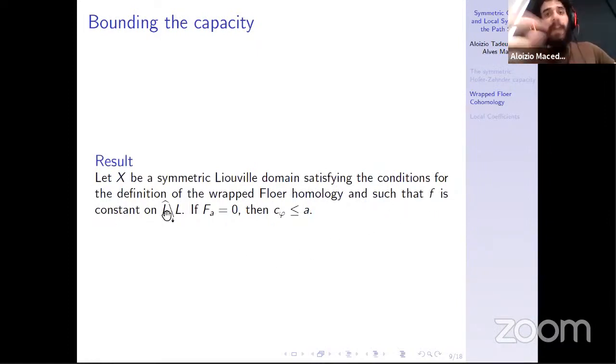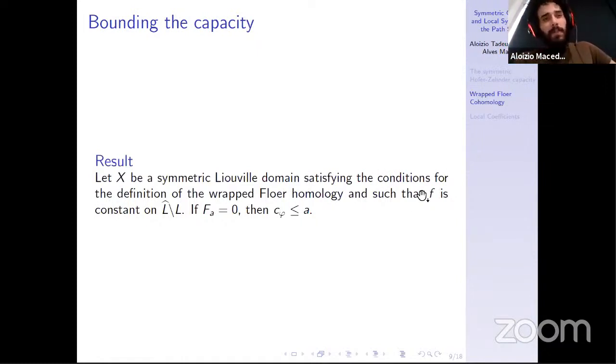For example, if the boundary of L is connected, this is true, because there are conditions on f such that near the boundary, df is equal to 0. Okay, so it's locally constant already. And if we are considering the cotangent bundle, it's already 0. It's already constant either way.